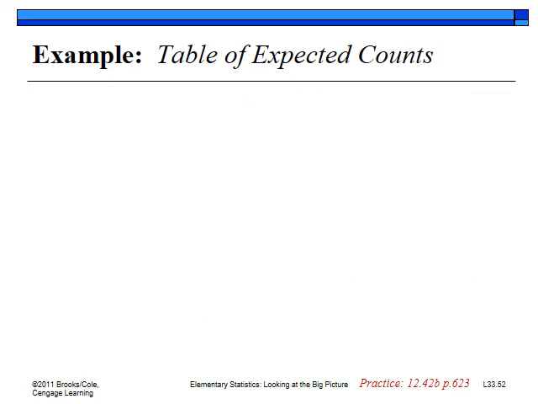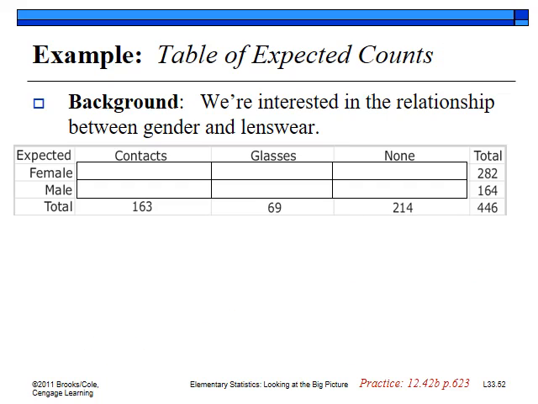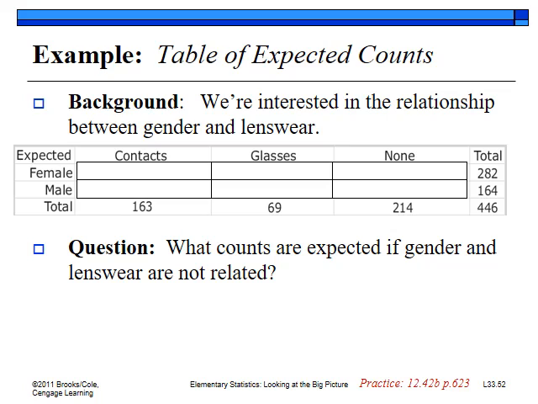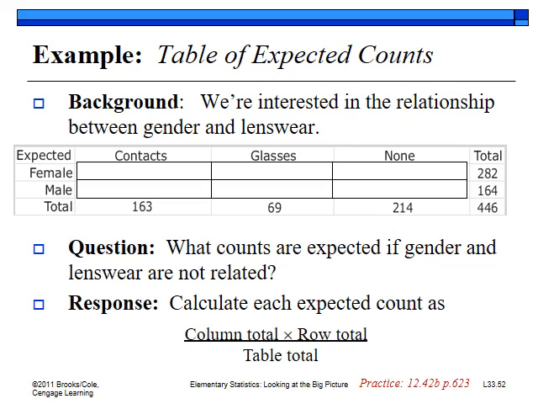Let's construct our table of expected counts. Remember, to get the table of expected counts, for each cell you multiply the row total times the column total and divide by the total of the totals. So for female contact wearers, that would be 103.